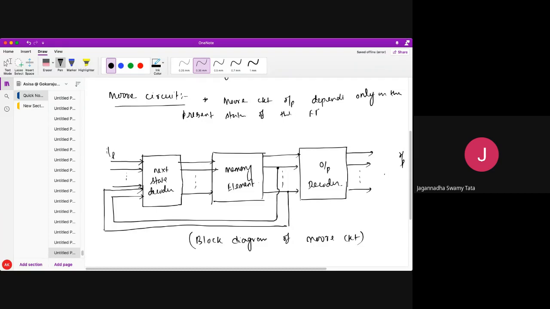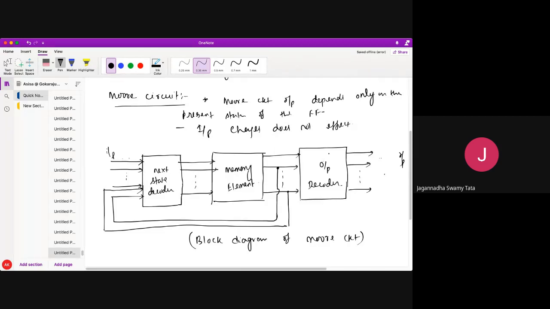Input changes do not affect the output. Why? See here, input is not connected to the output. The output only depends upon the present state. It doesn't depend upon the input.